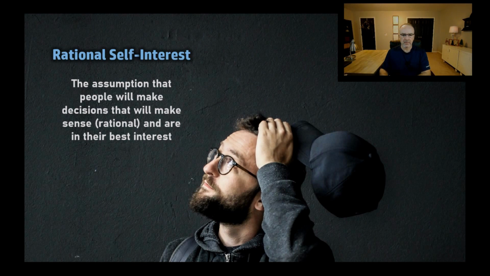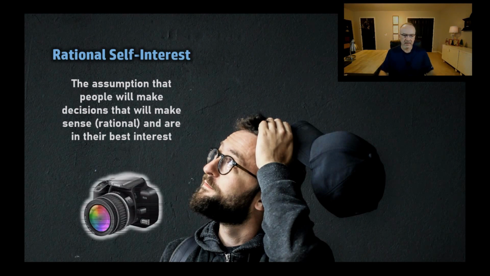Now, that doesn't mean that people will be greedy. It just simply means that you have to make the decision that's best for you. And we're going to assume in economics that you're going to do that. So rational self-interest is the assumption that people make decisions that make sense and that are in their own best interest.